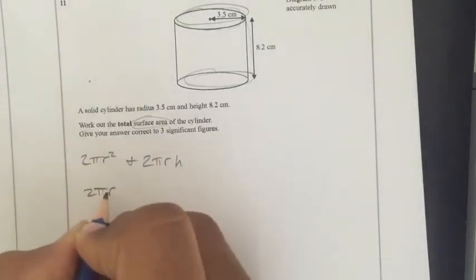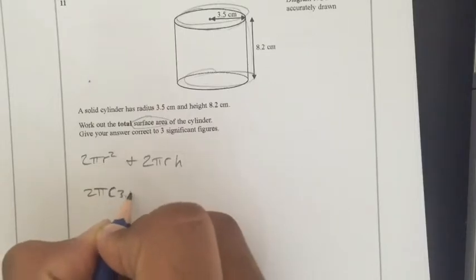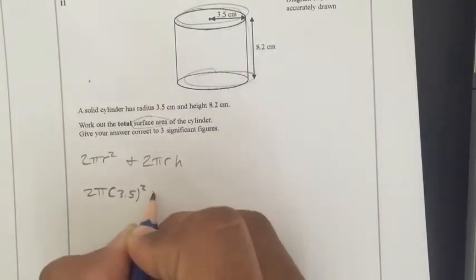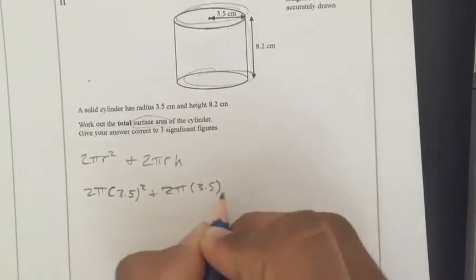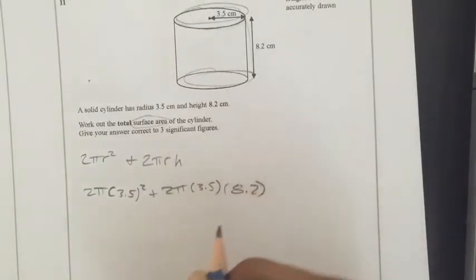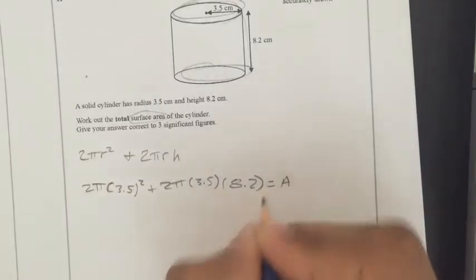So 2 pi times 3.5 squared plus 2 pi times 3.5 times 8.2 equals area.